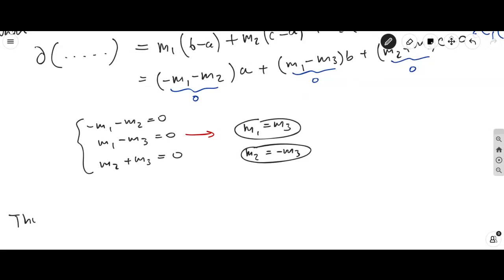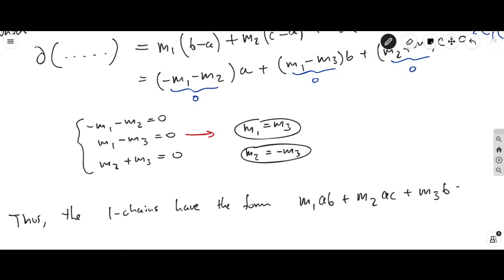So thus, the one chains have the form: the M1 coefficient is M3. In general, we were talking about M1 AB plus M2 AC plus M3 BC.